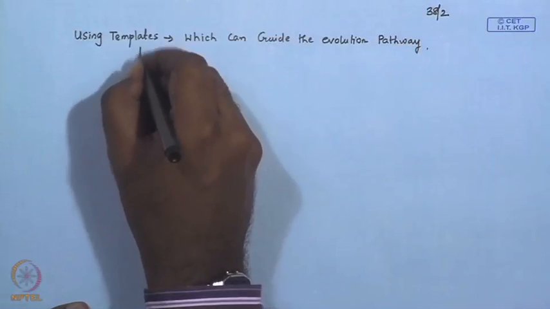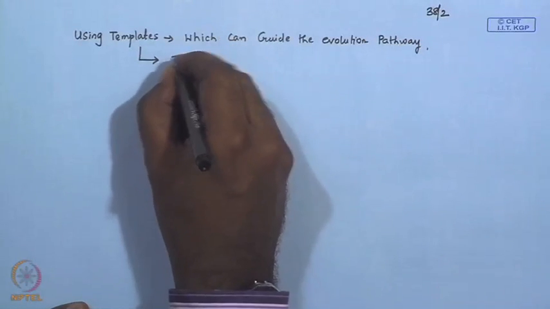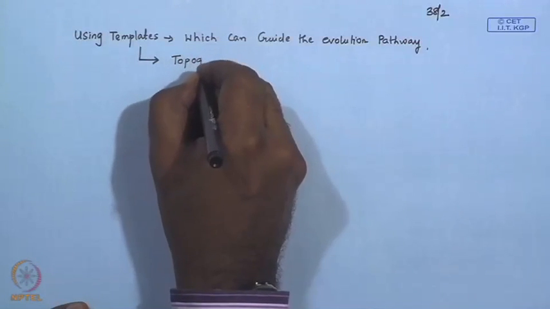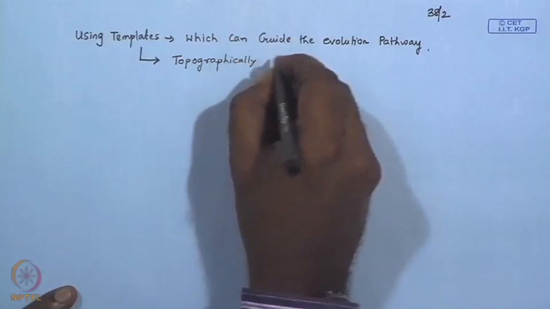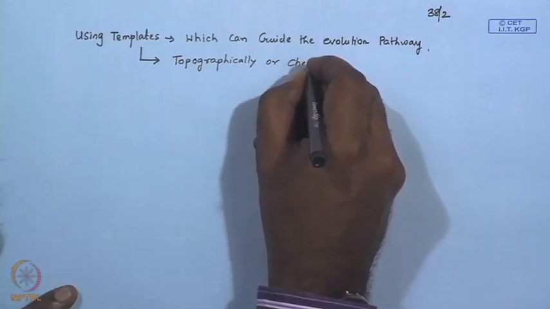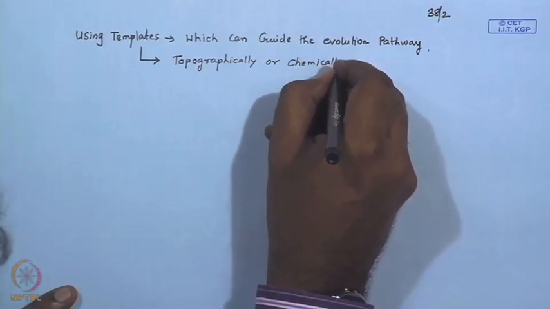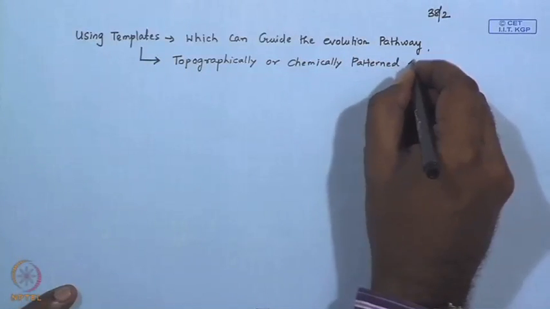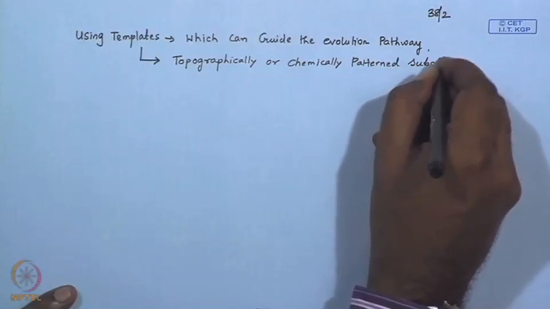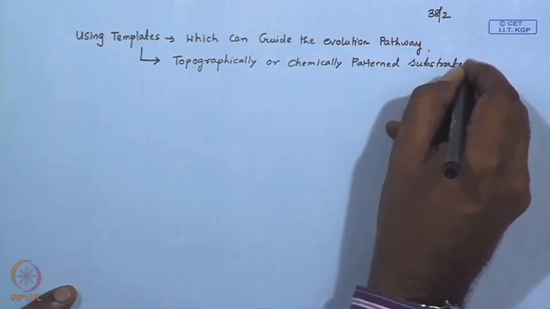And the templates that are most commonly used are nothing but topographically or chemically patterned substrates. We will give you some examples from that.